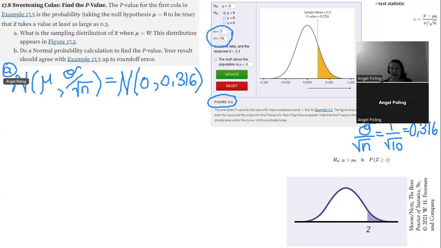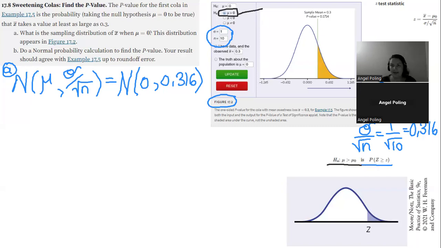Now, B asks us to calculate the p-value. So the way we calculate the p-value is listed here. We picked this particular rule because the test has the greater than, and so we picked the rule associated with the greater than.